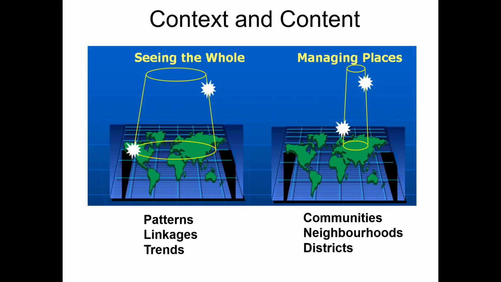When we talk about smaller places, we see the place as a community, as a neighborhood, or as a district, maybe at a political level. So it is also true that phenomena that happen at smaller places or in a community or in a neighborhood might ultimately contribute to some kind of a pattern or trend at a global level.